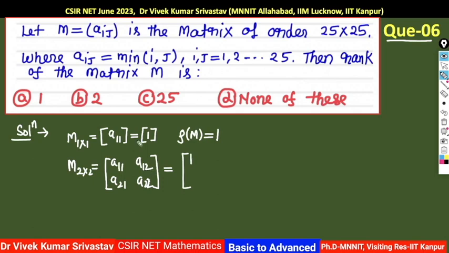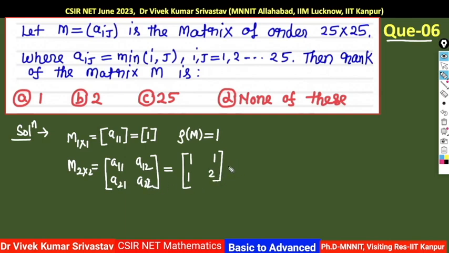For the second element, a12, the suffixes are 1 and 2, the minimum value is 1, so we put 1 here. Now the third one is a21, again the minimum of 2 and 1 is 1, and for a22 the minimum value is 2.